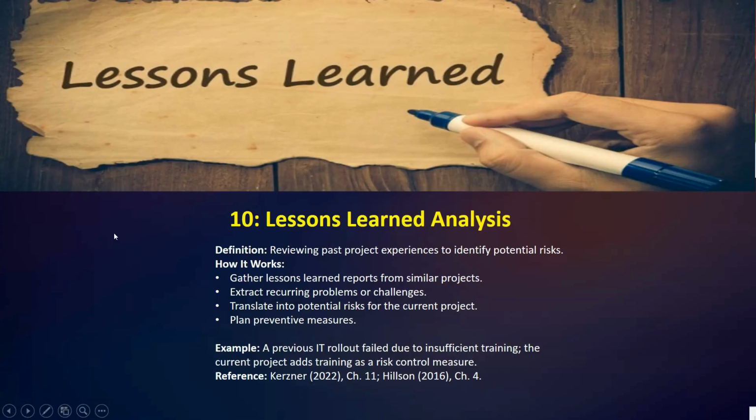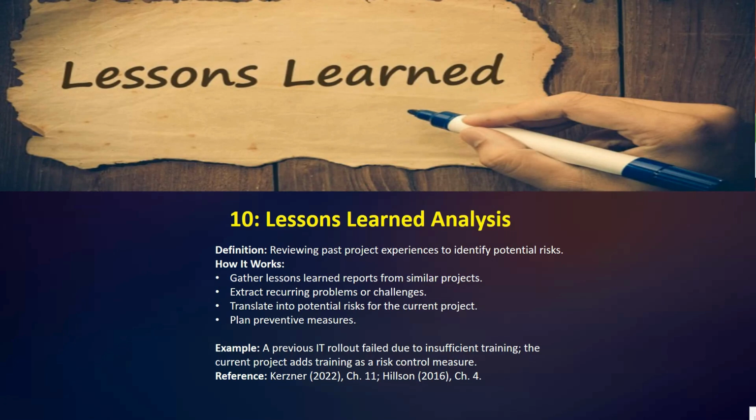So again, let's take an overview of the definition here: reviewing the past project experiences to identify potential risk. Okay, then how it works, you can see here: gather lessons learned reports from similar projects, then extract recurring problems or challenges, then translate into potential risk for the current project, then plan preventive measures.